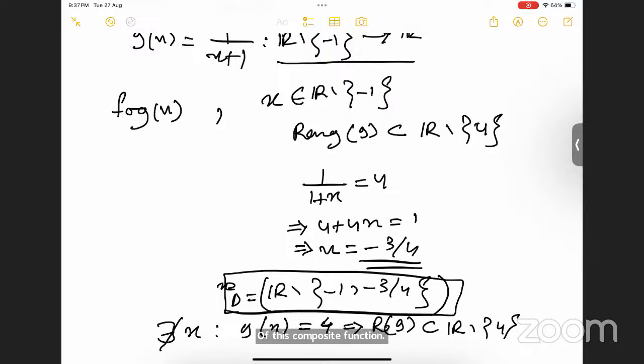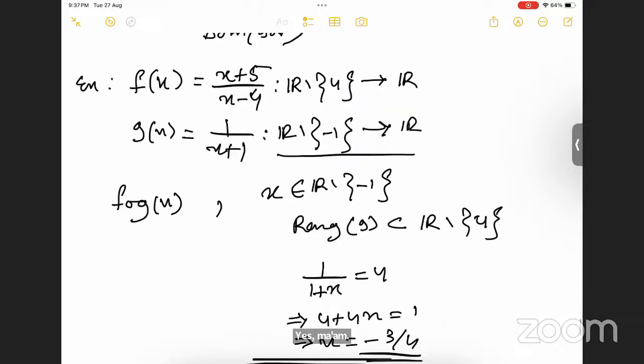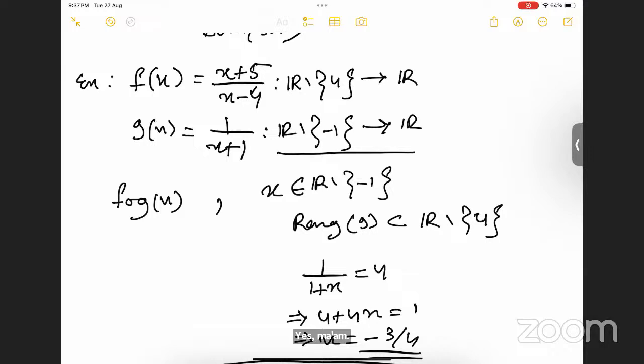Yes, ma'am. One thing, can you go that way, like first find f of g of x and then find the domain? Can you do that? Sometimes there may be some difficult function. Not every time will you be able to calculate the function, so better if you can do this simple step.